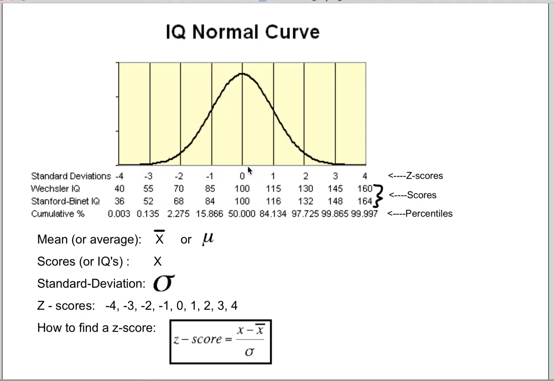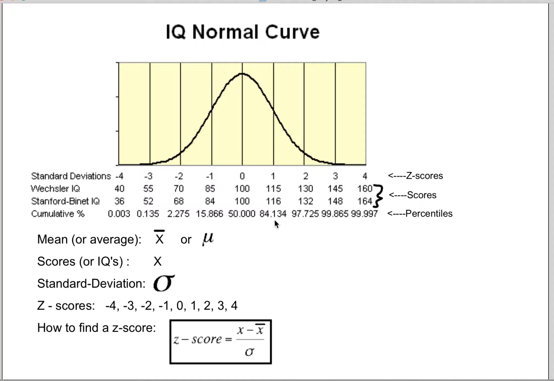Okay? And here are the symbols. A lot of times we'll use x-bar. Sometimes they use mu, the Greek letter. The scores will just be x, and the standard deviation will be this symbol. This row here are what we call z-scores. They are the standard deviations above and below the mean. This row is the neat one.